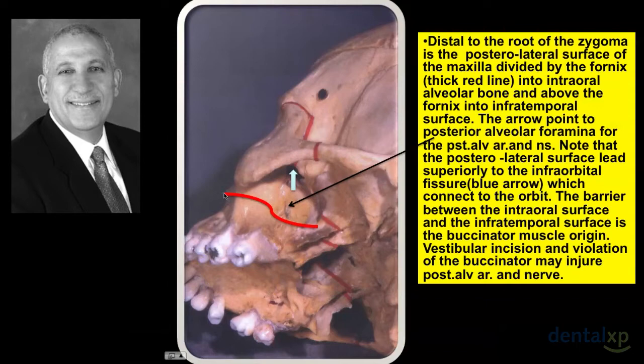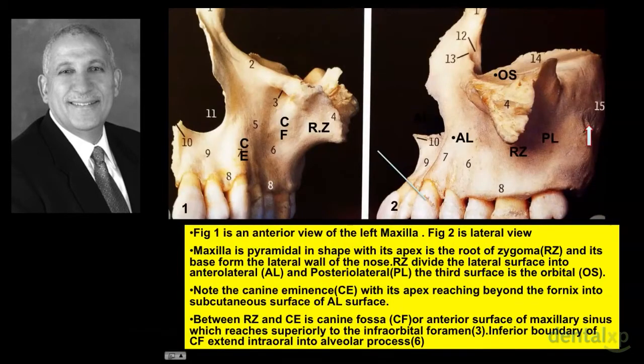Now anteriorly is different, because opposite to the central incisor, lateral incisor, canine, and first premolars, we have no muscle barrier. So escape of fluid or infection beyond that line will go onto the face, and it will cause swelling of the lower eyelid and the upper eyelid.